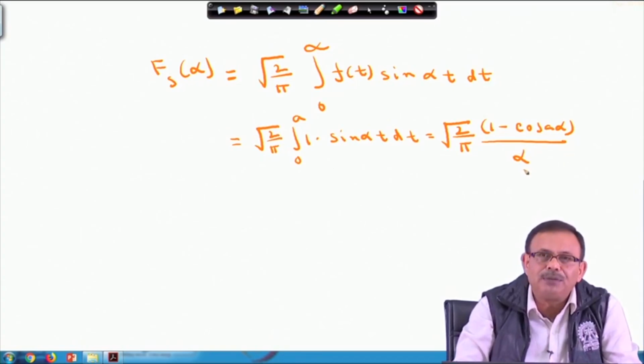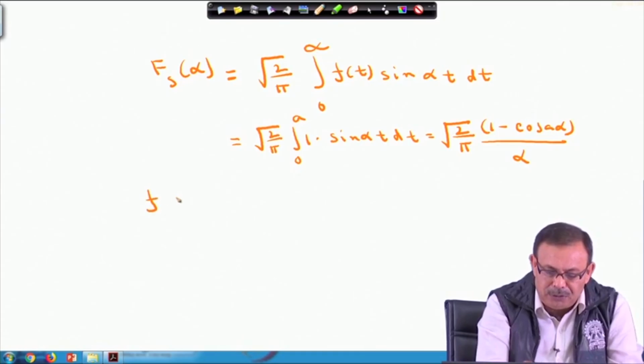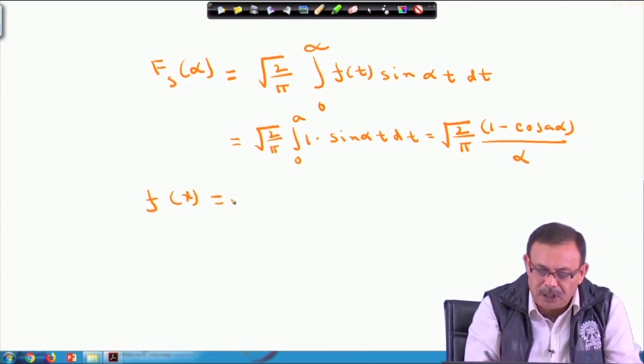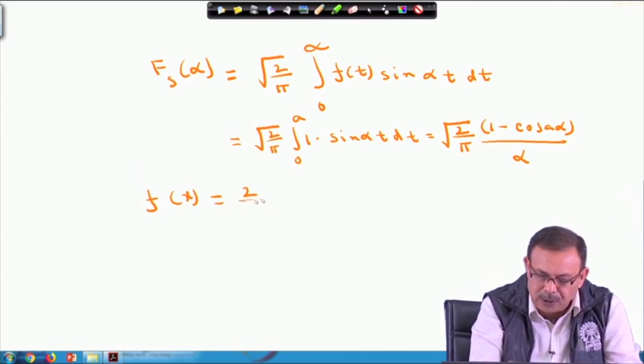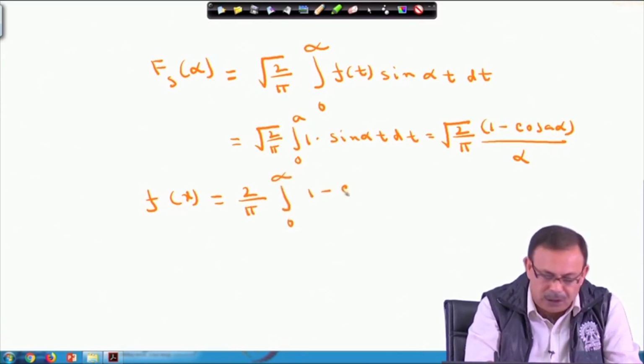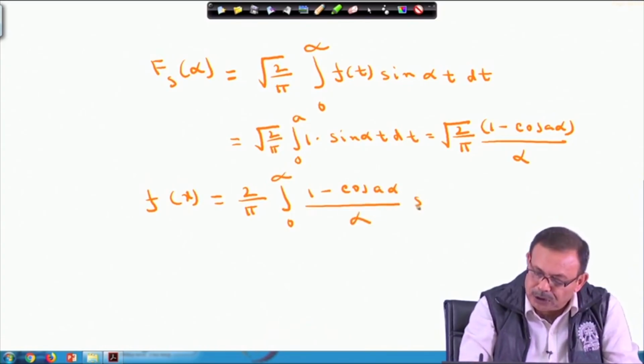From here, using the inverse Fourier sine transform, I can write f(x) equals 2 by pi, integral 0 to infinity of 1 minus cos of a alpha by alpha into sine of alpha x d alpha.